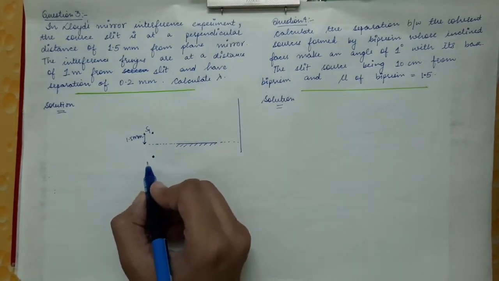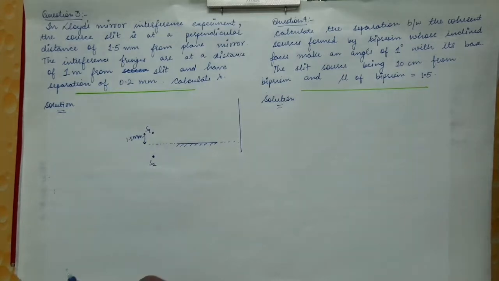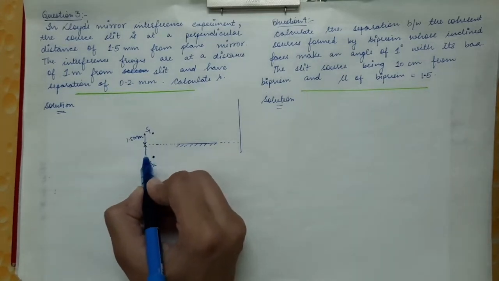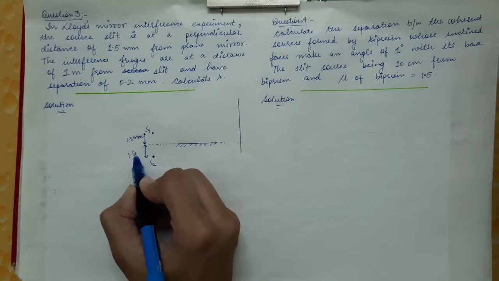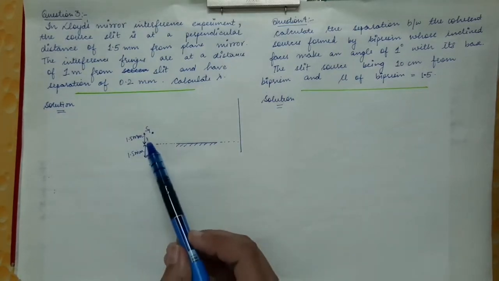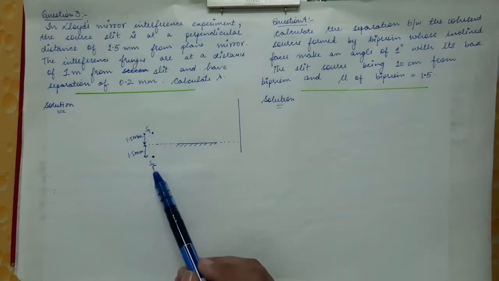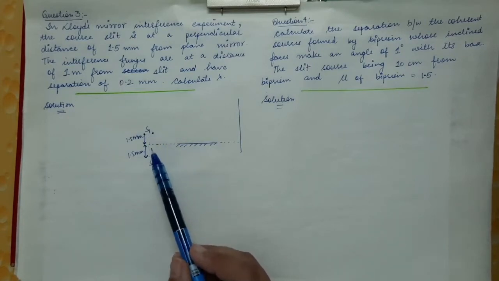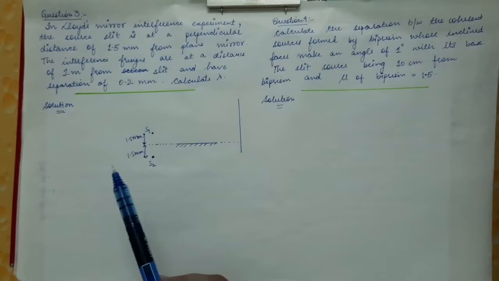So this is the virtual source, let's say S2. This distance will also be equal to 1.5 millimeter from the plane mirror. So S1 and S2 are at an equal distance from the plane mirror.